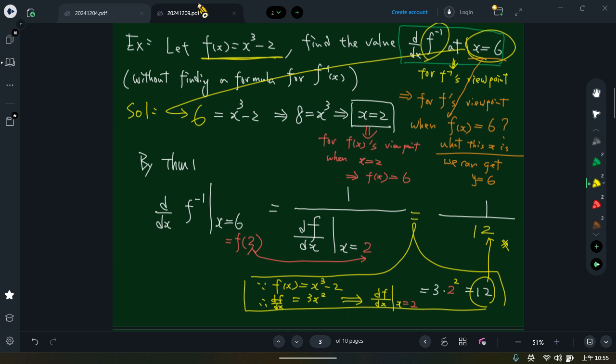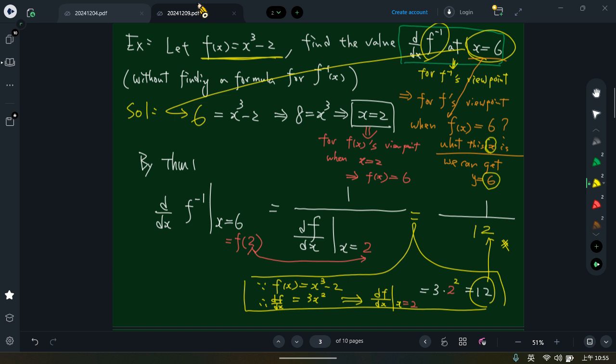So you can just think about that, okay, you just asked me to get the derivative of f inverse at x is equal to 6. So remember, x here is for f inverse, but for f or original function, it should be y. So that means we need to get when what x can cause a return 6 for the original function, right?